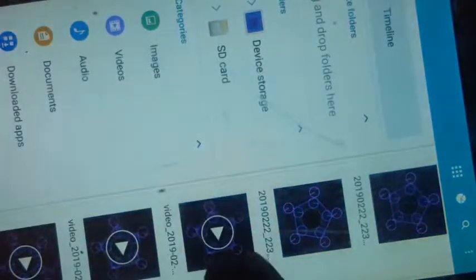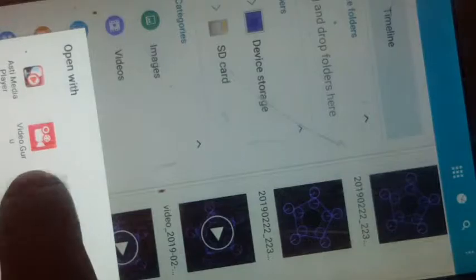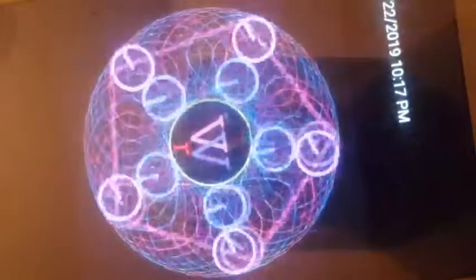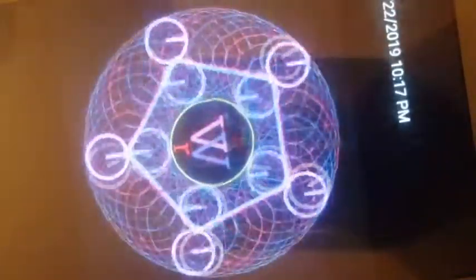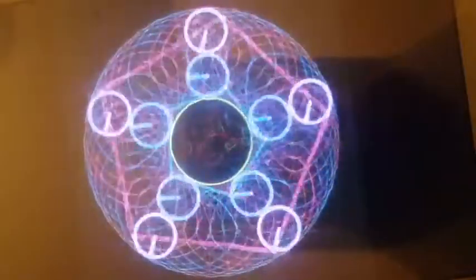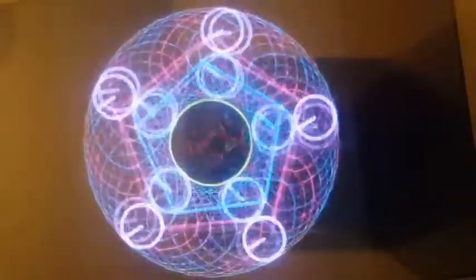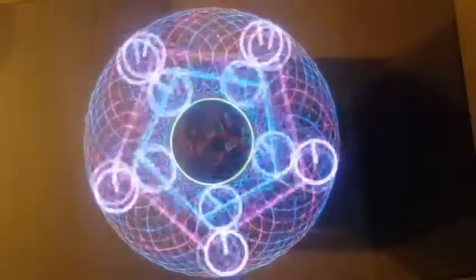Then I made this new one, which at the time seemed like a great toil. I really agonized over it for months, asking should I really make this thing? And I did.